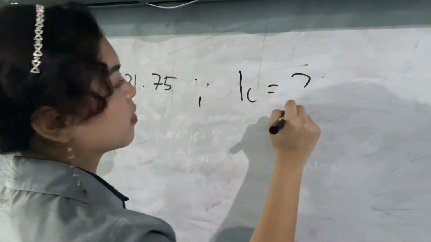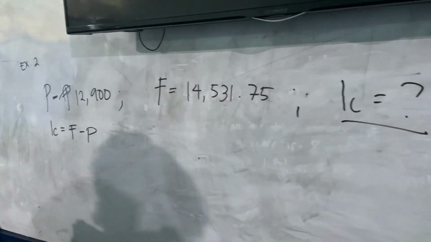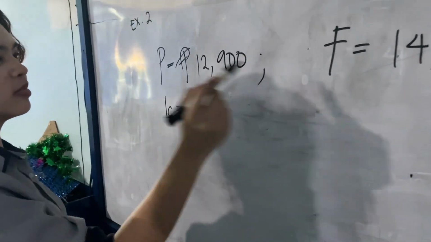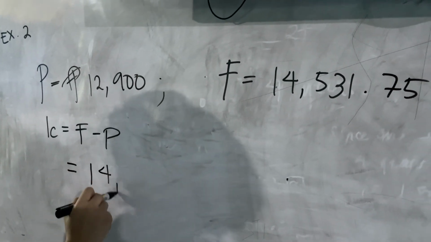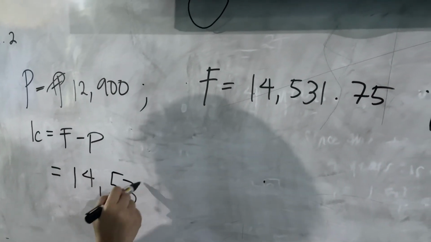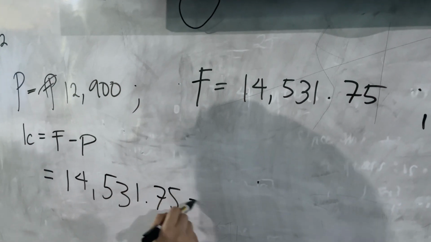So, the value of F is 14,531 pesos and 75 centavos minus P, which is 12,900 pesos.